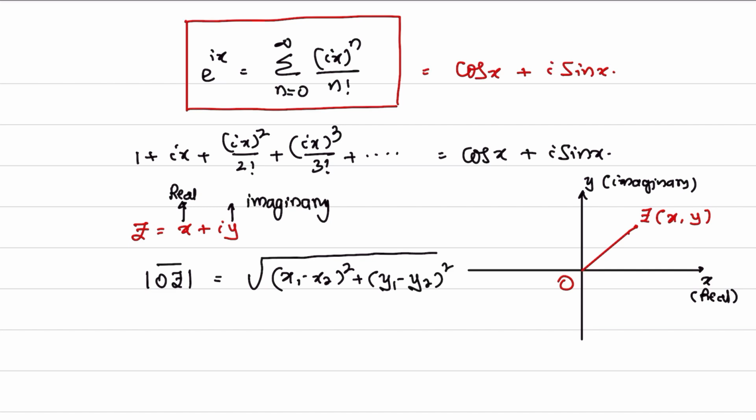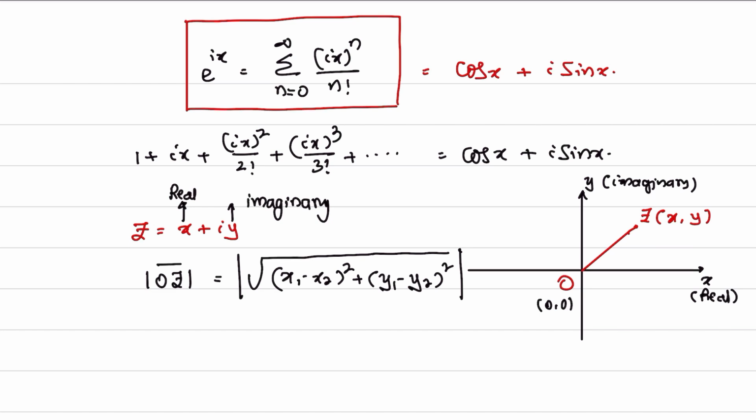If you remember your secondary school mathematics geometry, if (x1, y1) and (x2, y2) are the two points, then the distance between them is the square root of (x1 minus x2) whole square plus (y1 minus y2) whole square. What is the first point here? It is 0, 0.